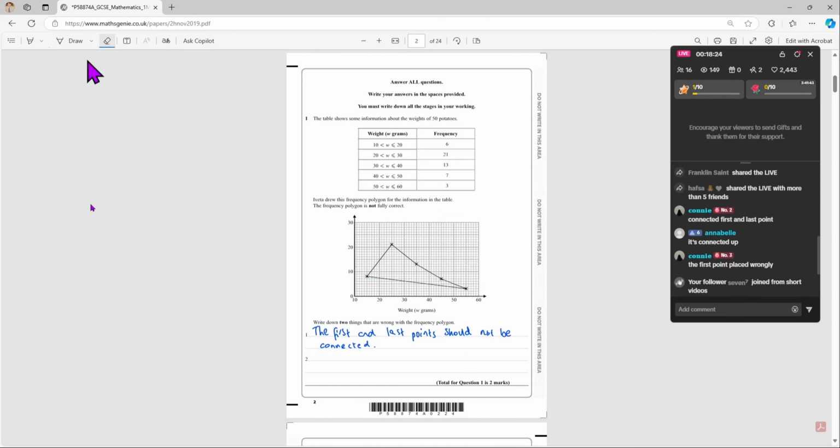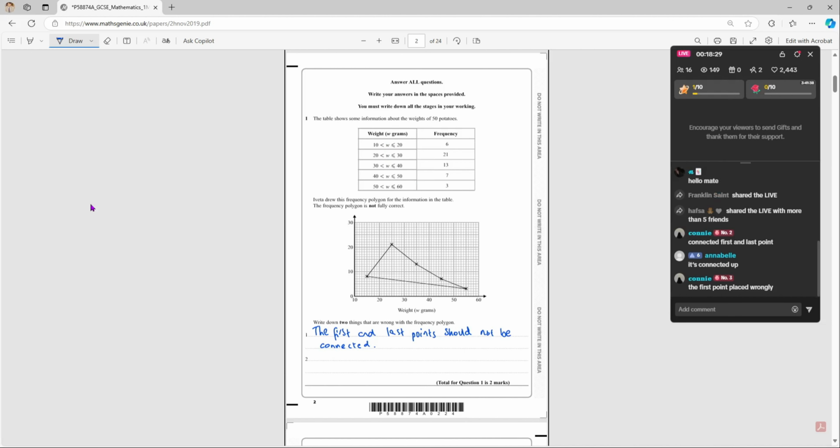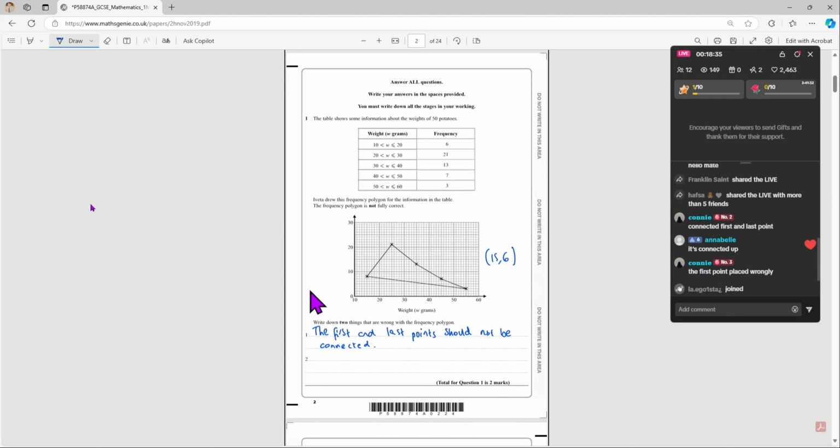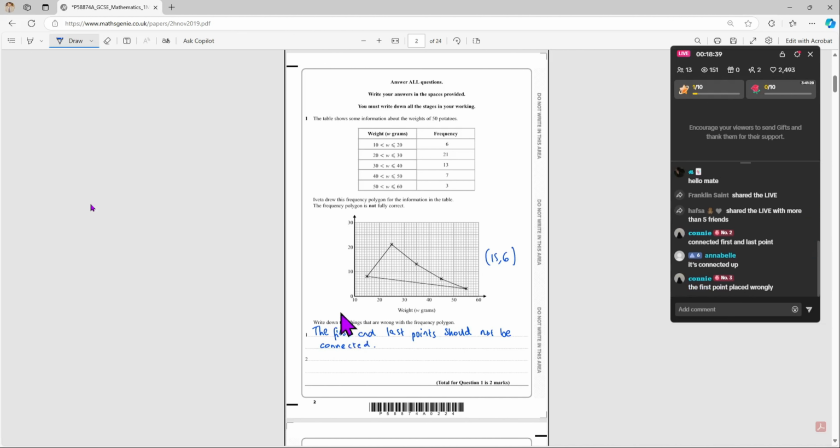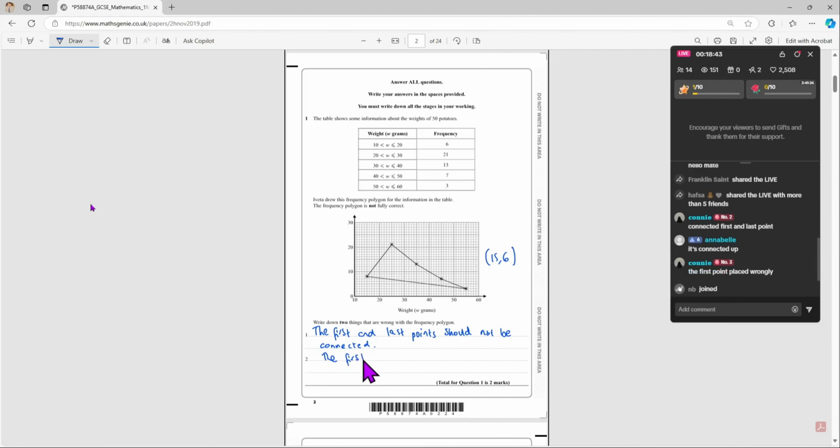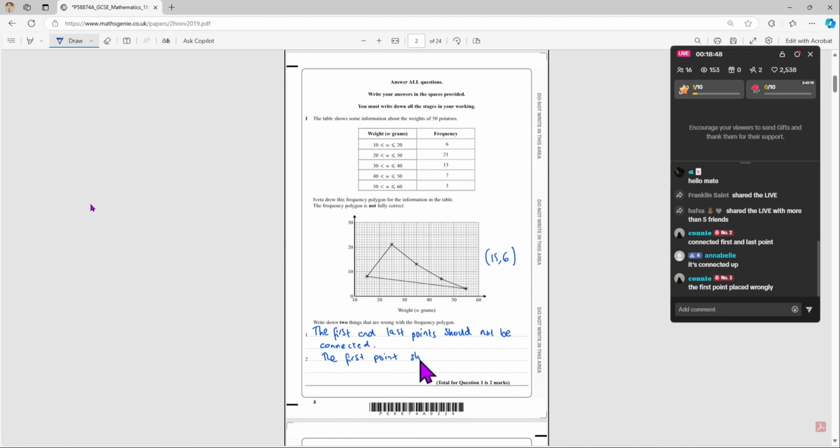As you can see, it should be 15 and 6. 15 as the x-axis and 6 as the y-axis, because whenever you're doing frequency polygons, you have to use the midpoint. So the first point should be at 15, 6.